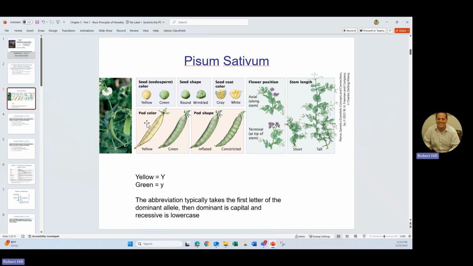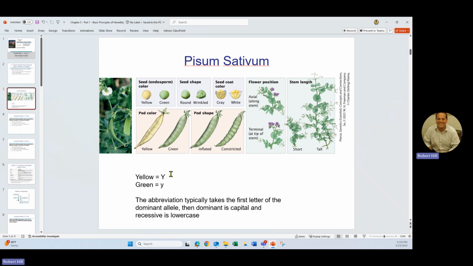But just to kind of give you a spoiler alert here, typically the letter for the abbreviation, how it's abbreviated in the problem, it takes the first letter of the dominant allele. So this phenotype right here would be dominant over green, and that's why we say it's Y, is the allele for that seed color, whereas little y would represent green.